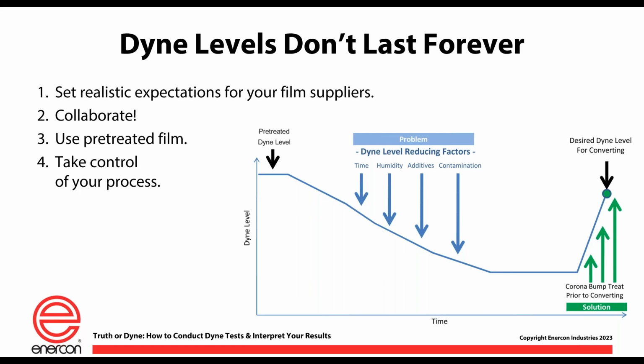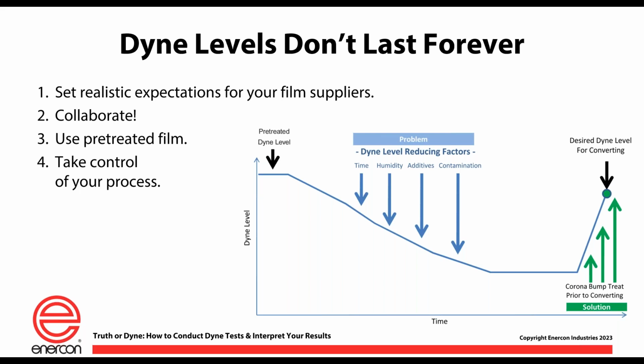And so you collaborate with your film supplier. And a little inside secret for you converters out there, the film people can only do so much, because if they treat it too high, there's a risk on their end that when they wind this film up, it could block, meaning that it sticks to itself. You can't unwind it. So they have other process limitations potentially that also limit their ability to provide you some outrageous Dyne number.